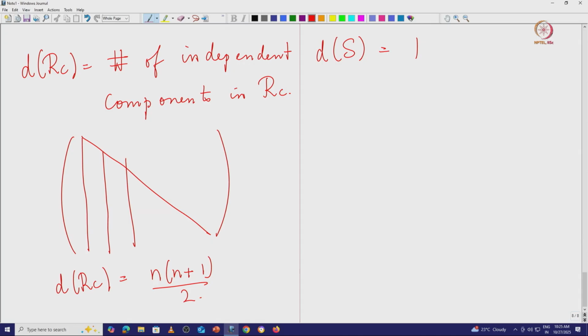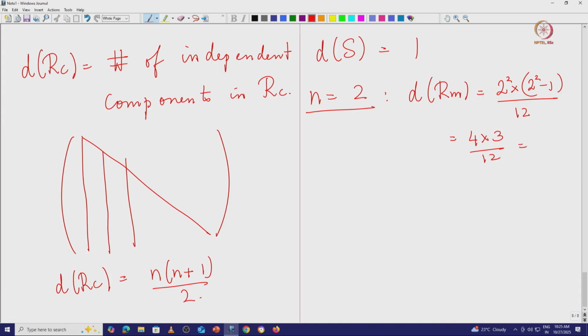Okay, so let us look at the lower dimensional case. So let us look at n equals 2 first. So when n is 2, what is D of Rm? So that is 2 squared times 2 squared minus 1 by 12. So that is 4 into 3 by 12, right.